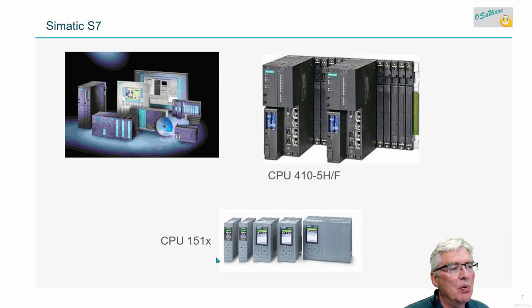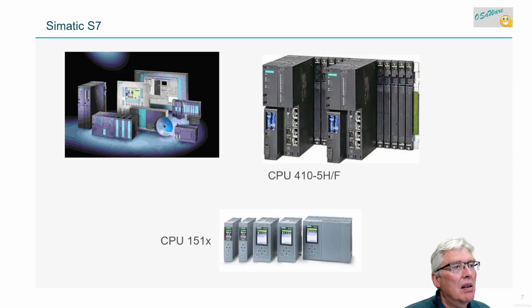I think this is a 1516 or 1517 with display on the front, but they are basically programmed the same way as the old SIMATIC S7 system. But you have a high-level language, SCL, structured control language, it is called. So this is how it evolved.